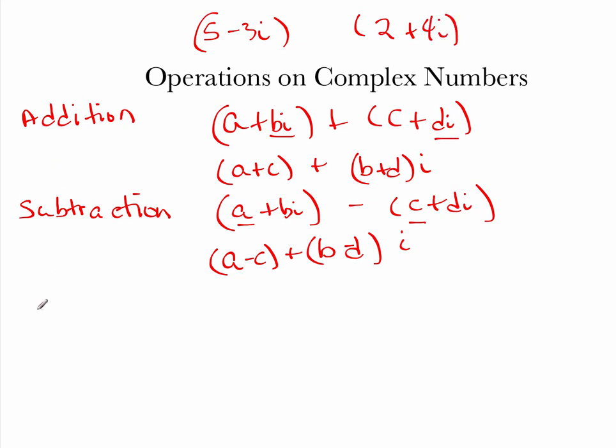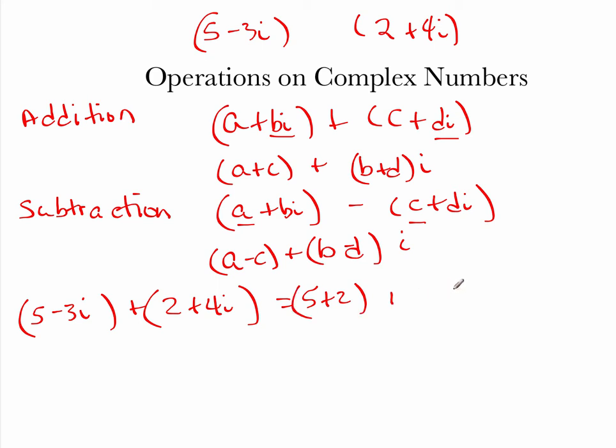When I add them, 5 minus 3i plus 2 plus 4i, I'm going to add my real parts, which is 5 and 2. 5 plus 2 is 7. And to that, I'm going to add my complex parts, which is negative 3 plus 4. So this becomes 7 plus i.